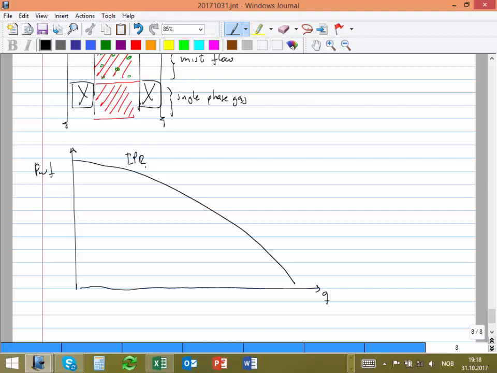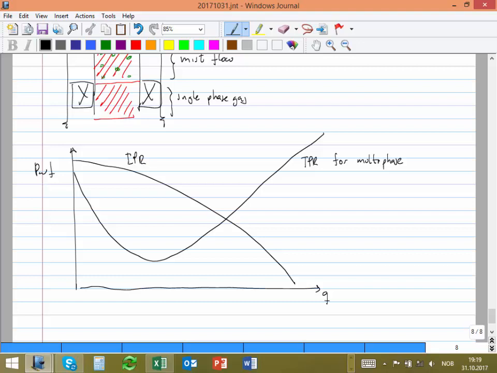And actually, the TPR looks strange. It looks something like this, going down and then starting to go up. That's how the TPR looks for multiphase. Okay? Strange. It doesn't just go up. It goes down first and then goes up later.